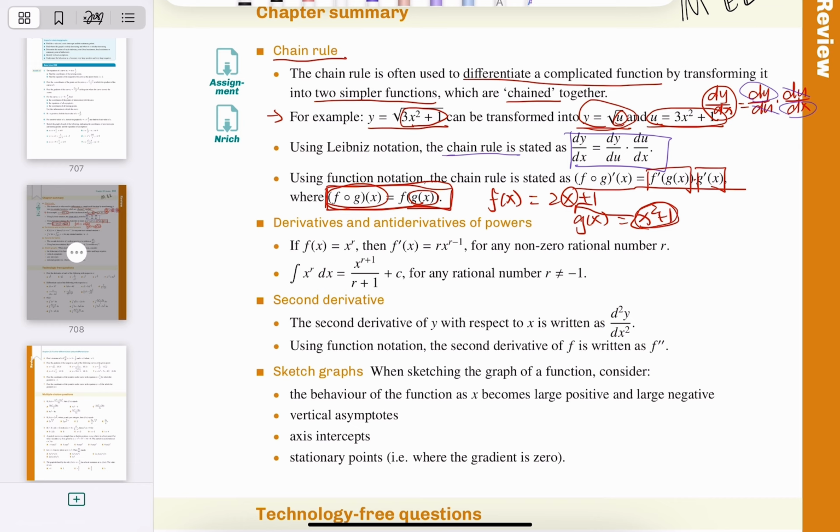So in here, it is equal to the derivative of 2x plus 1, with x replaced, times the derivative of x squared plus 1. And then you can solve it.